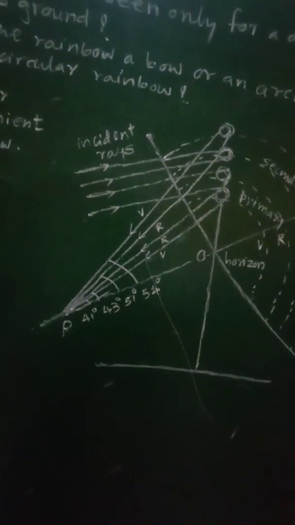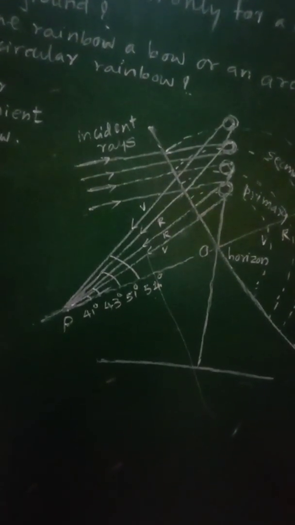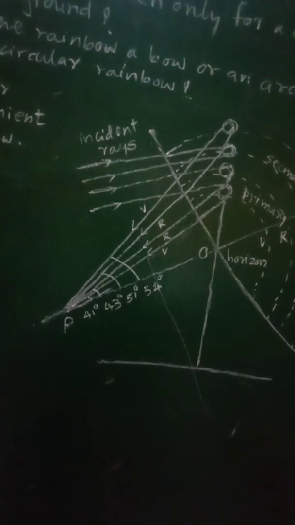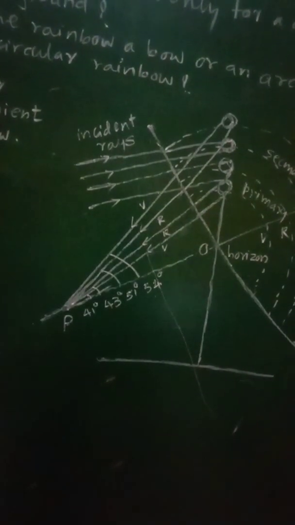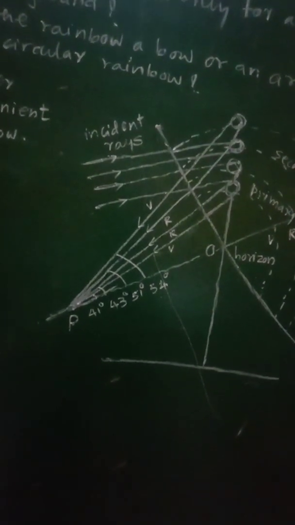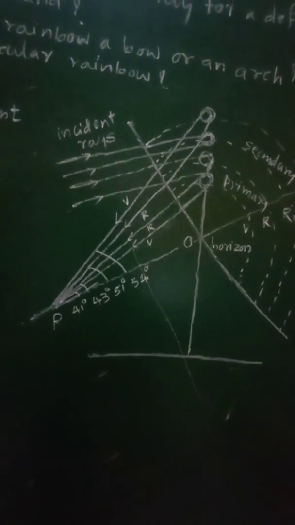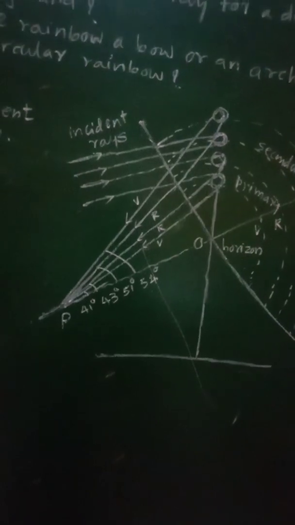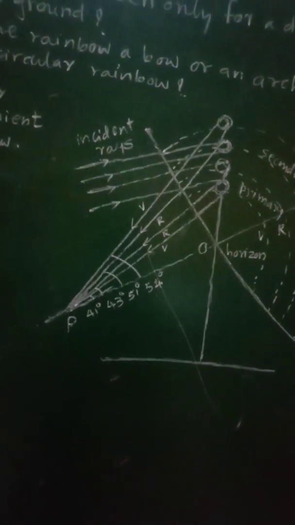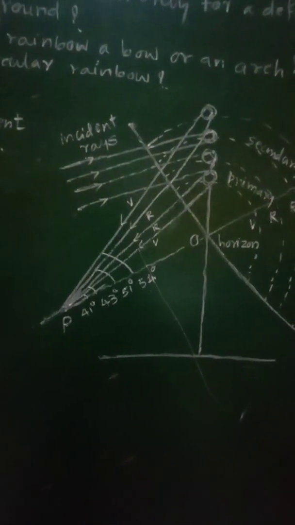If the sun is above 41 degree, the violet arch of the primary rainbow cannot be seen, and hence beyond 53 degree nothing will be seen. Hence rainbows are seen in the mornings as well as evenings.